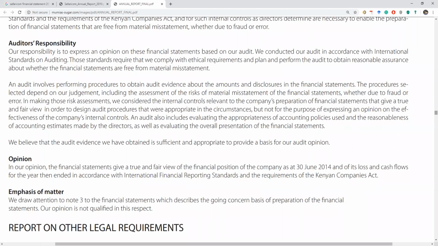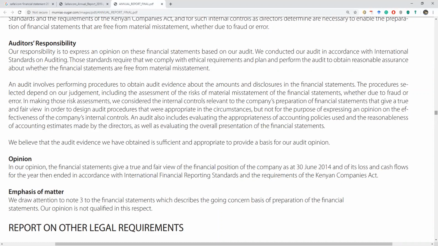In our opinion, the financial statements give a true and fair view of the financial position of the company as at 30th June 2014, and of its loss and cash flows for the year then ended in accordance with IFRS and the requirements of the Kenyan Companies Act.